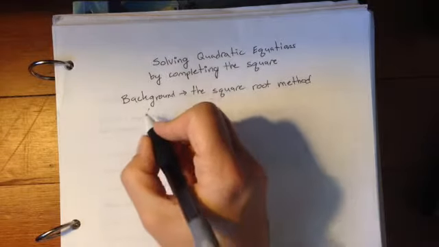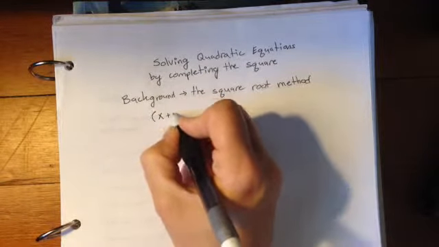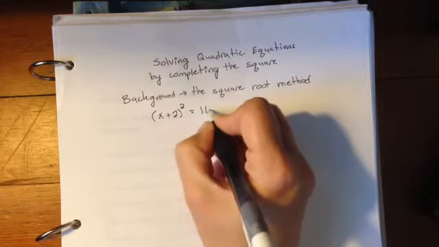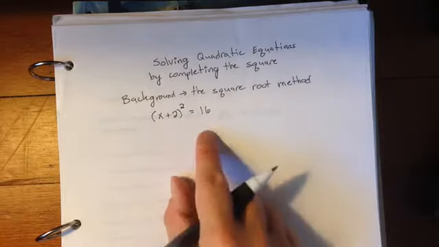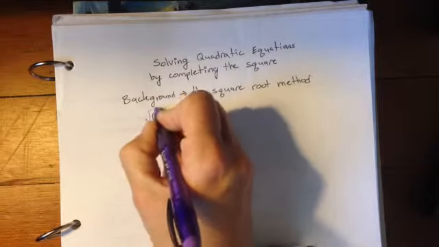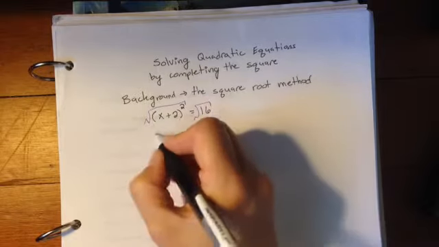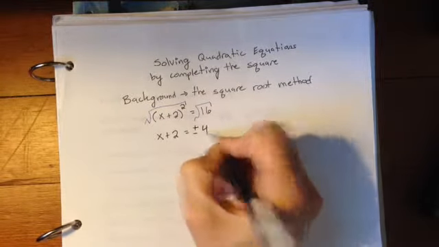Let's say that you had a quadratic equation that looked like (x + 2)² = 16. From here, we can take the square root of both sides, which gives us x + 2 = plus or minus 4.